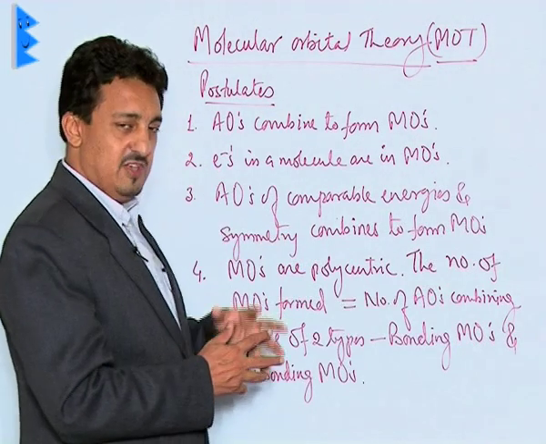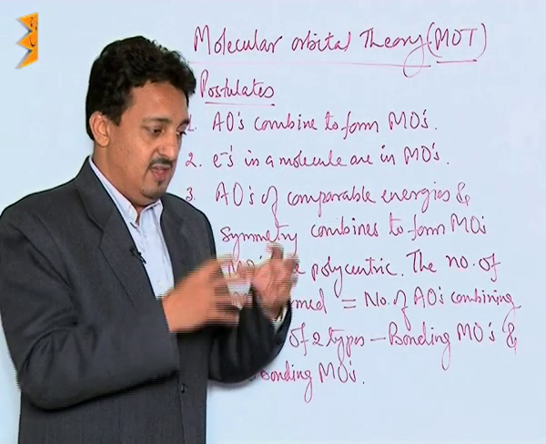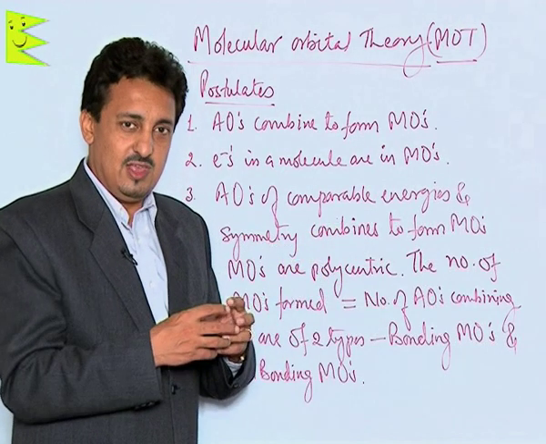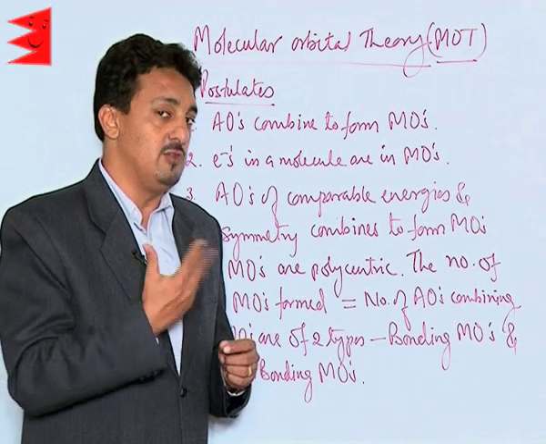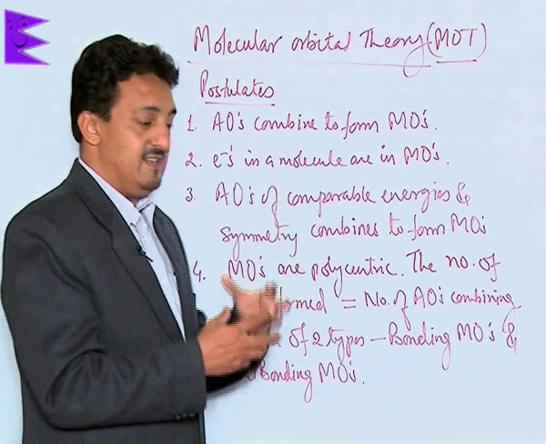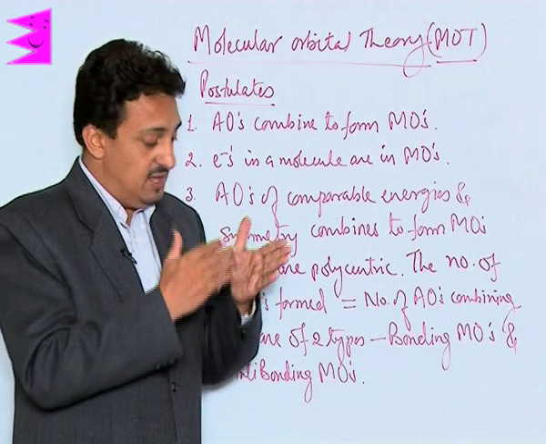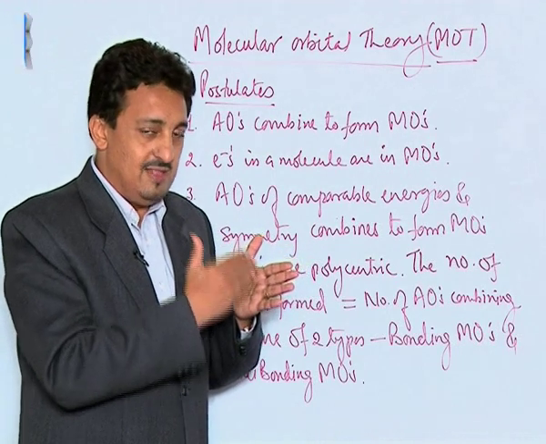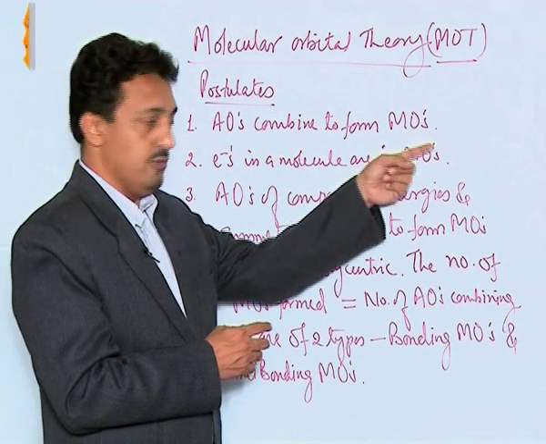Now let us see what the main postulates of this theory are. The first postulate: in the case of hybridization, whenever atoms combine to form a molecule, their atomic orbitals combine to form a new type of orbitals called hybrid orbitals. Whereas this theory says that whenever atoms combine to form molecules, all their atomic orbitals combine to form a new type of orbitals called molecular orbitals, written as MOs.